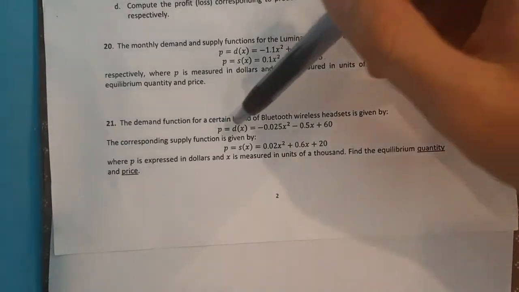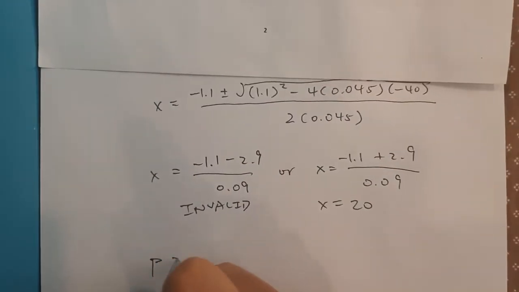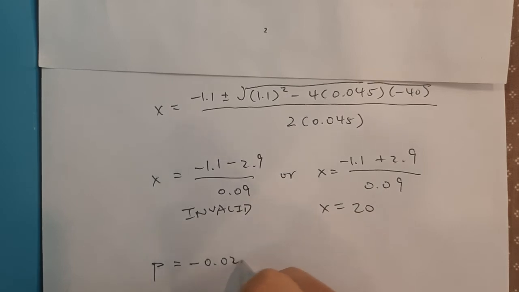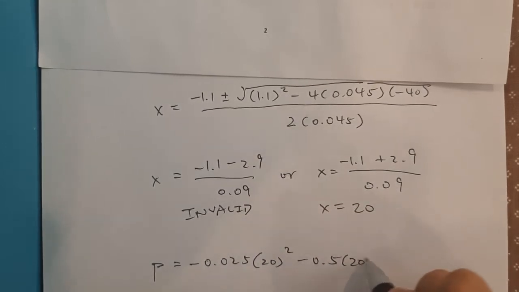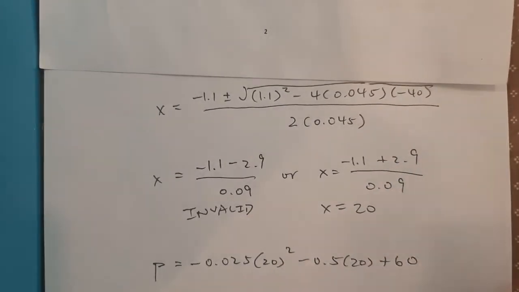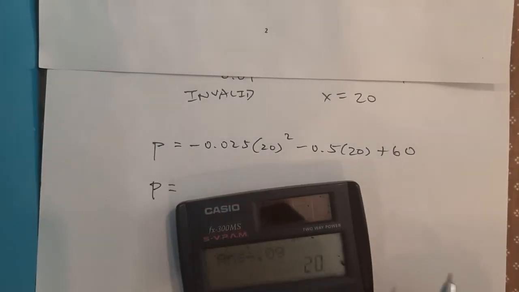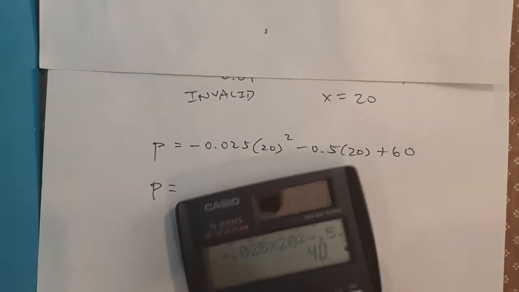Let's pick the top one. So we got p equals negative 0.025 times 20 squared minus 0.5 times 20 plus 60. Then we just plug into the calculator. So here you can see we end up with 40.